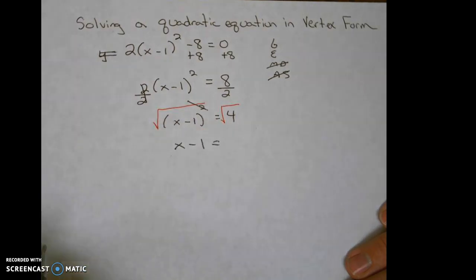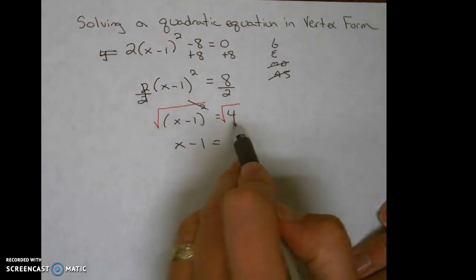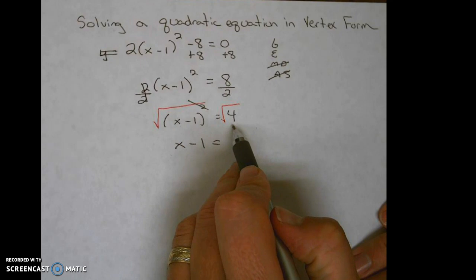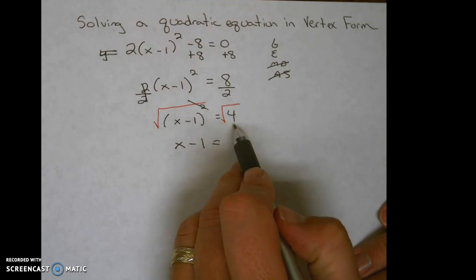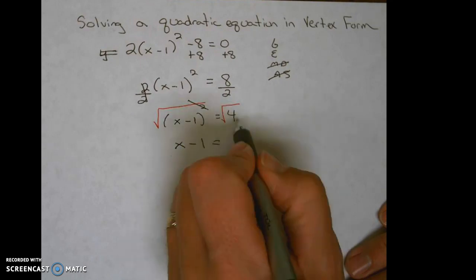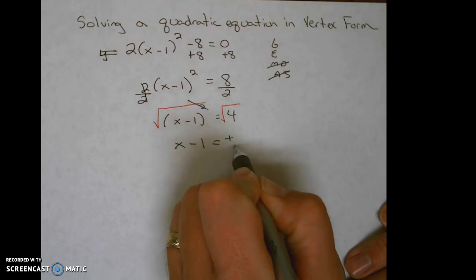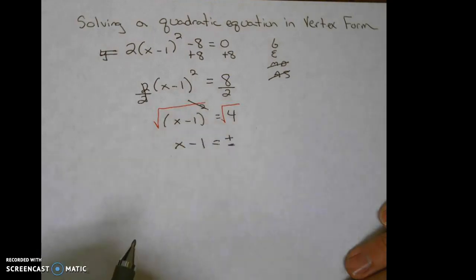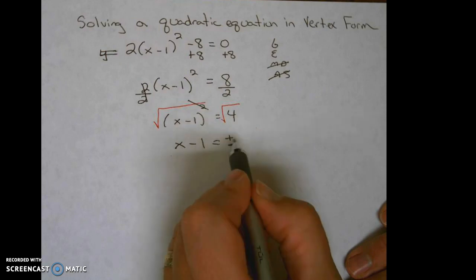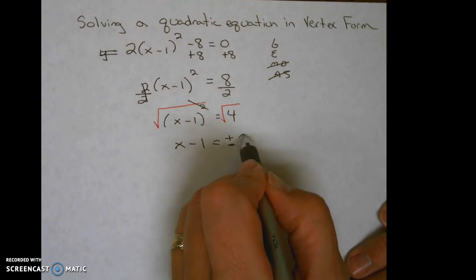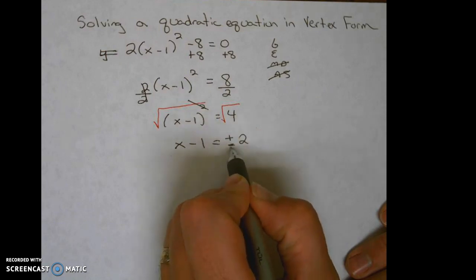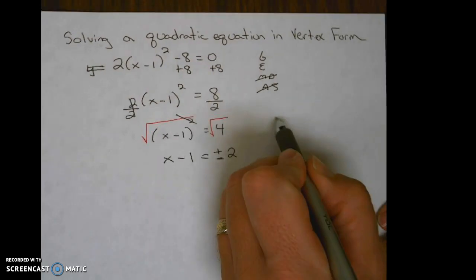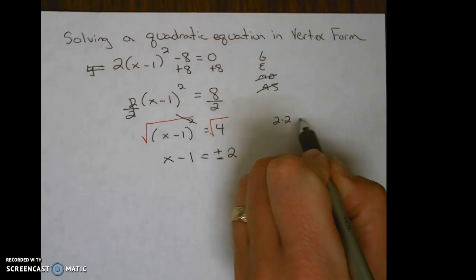Now this is very important. When you are solving an equation and you're taking the square root, you need to put the answer in a positive and negative format. So the square root of 4 is going to be positive 2 and negative 2. Why? Because 2 times 2 gives me 4.